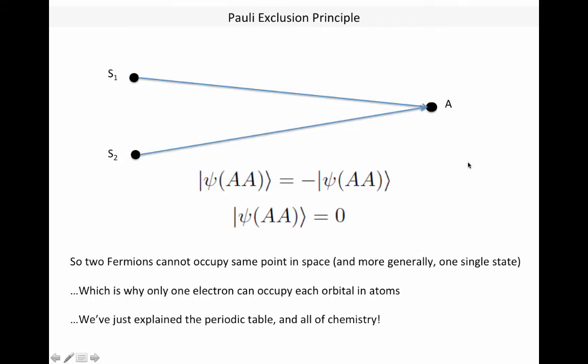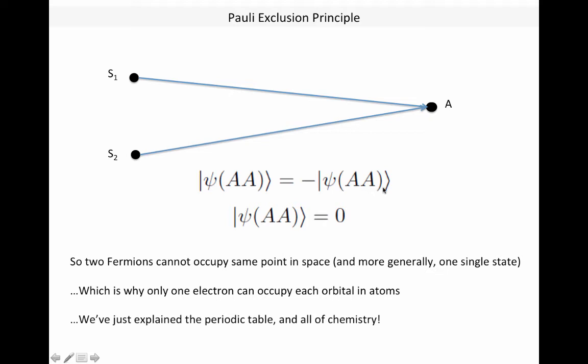But there's more. Let's suppose that the two points A and B, we move them closer and closer together until they become the same point. So in other words, the particles emitted at S1 and S2 both travel to the same point, A. Well, if the particles are fermions, then if you switch the particles' places, the state changes sign. You get a minus sign. But if they're the same points in space, then we know the state has to be equal.